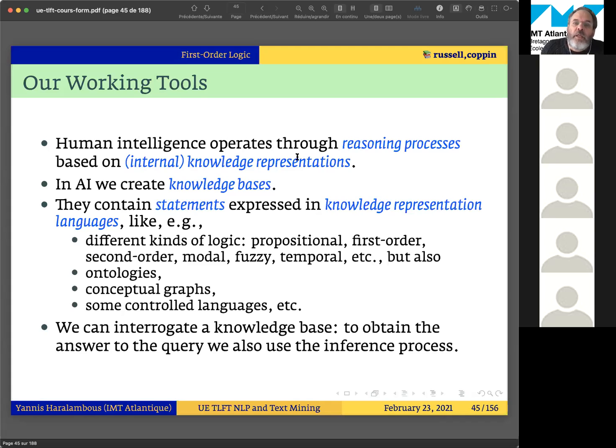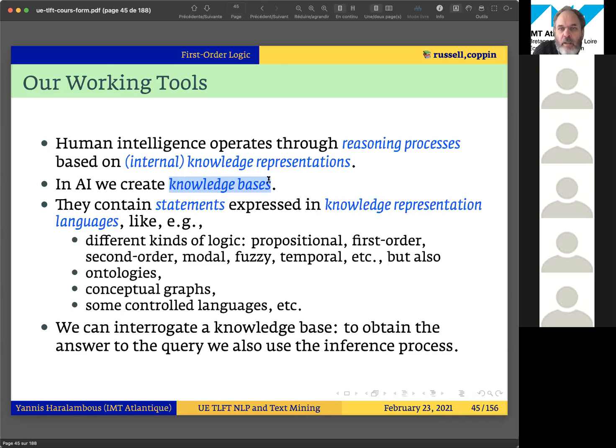And we will see many knowledge representation languages allowing us to build what we call knowledge bases. So a knowledge base is a place where we have gathered information and knowledge in a formal way using a knowledge representation language.